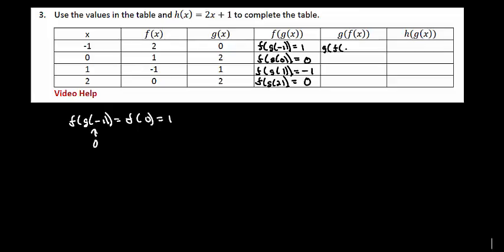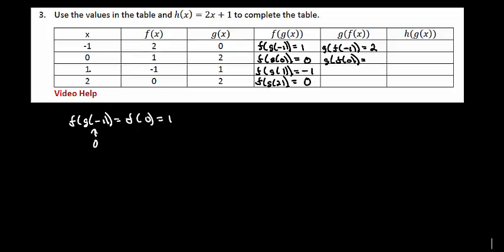So g of f at -1. So I take -1 and I plug it into f first and I get 2 out. And then I take 2 and I plug it into g and I get 2 out. So notice that f of g at -1 is not the same as g of f at -1. So here's g of f at 0. So I take 0 and I plug it into f first and I get 1 out.